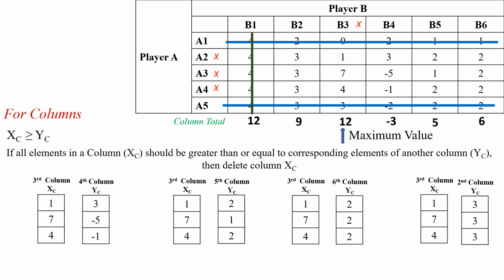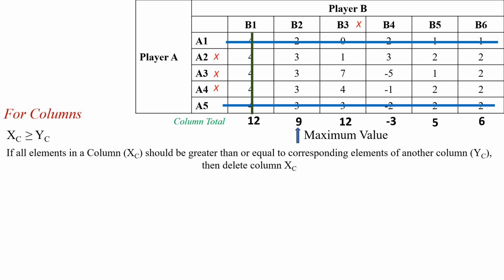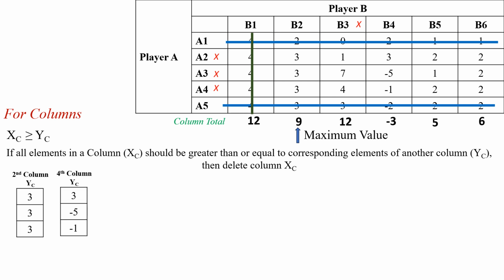So next we have to move the dominance rule to another column, that is the second column. So now compare the second column with the other columns. First we have to compare the second column with the fourth column, because the minimum values are for the fourth column.